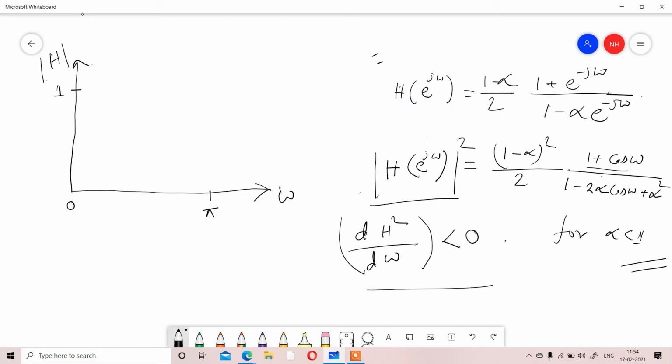Value less than 0 means what? dH squared by d omega means a small change in H squared. If we consider a very slight change, that value will be less than 0, meaning it always decreases. So you will get a curve like that.